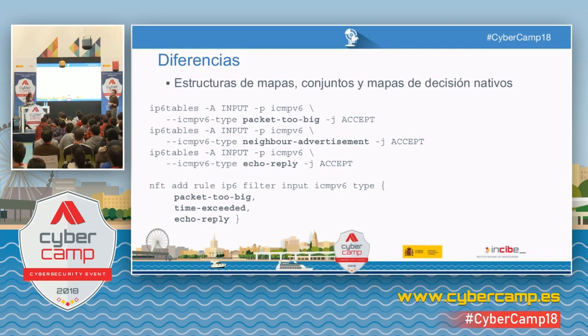New structures: maps, sets, and native decision map structures. Step by step we will get closer to more advanced structures.